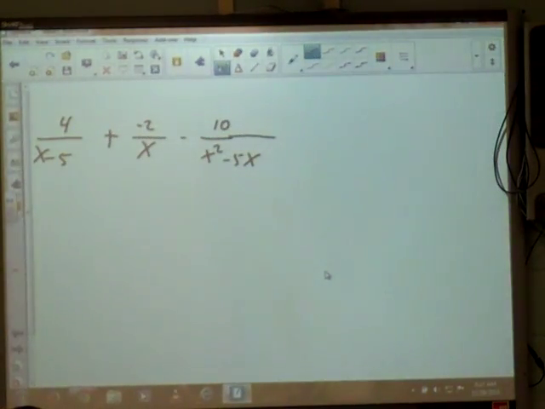We're going to work just left to right, just like we would if they were plain numbers, because addition and subtraction are equal in the order of operations. It just goes left to right. But I've got to get a common denominator.